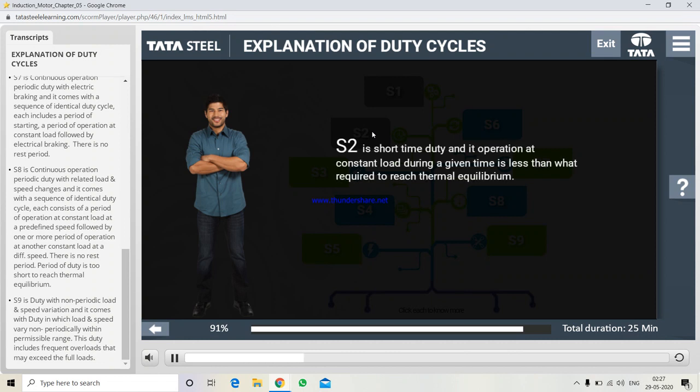S2 is short time duty and its operation at constant load during a given time is less than what is required to reach thermal equilibrium.